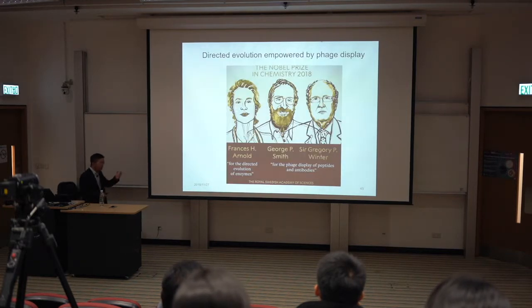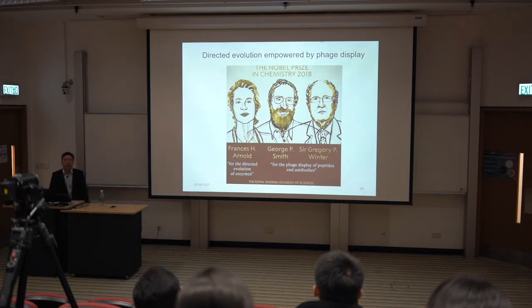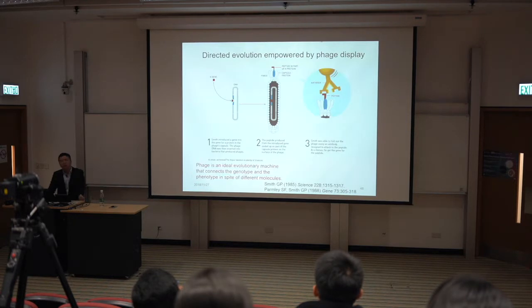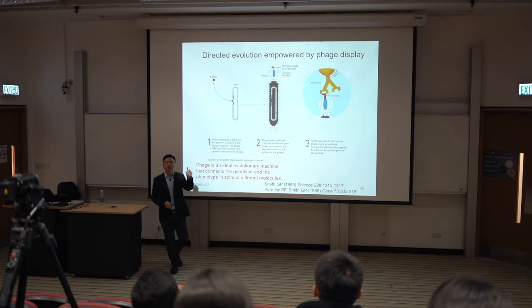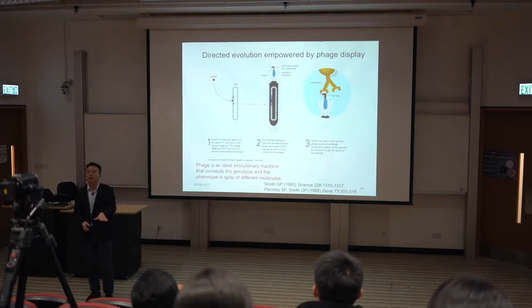So then it requires the utility of another important tool called phage display to improve protein-protein or protein-peptide interactions. So that's why half of the prize this year went to these two biochemists. They invented this technology called phage display. What phage display is able to do is that it can display one of the reactants or one of the partners on the phage surface, and then you immobilize the other on the column, on a solid substrate.